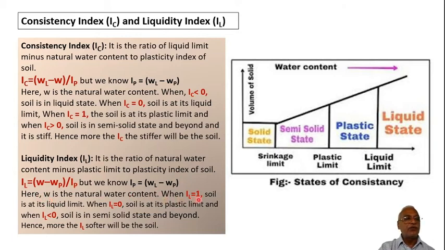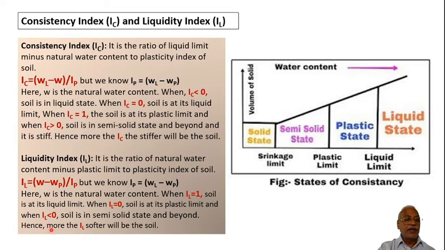When IL is equal to 1, the soil is at its liquid limit, obvious, because W will be equal to WL. When IL is equal to 0, the soil is at its plastic limit, and when IL is less than 0, means natural water content is less than plastic limit, the soil is in semi-solid state and beyond.